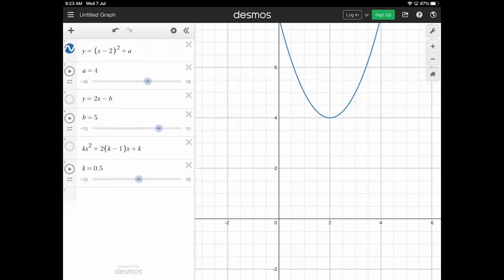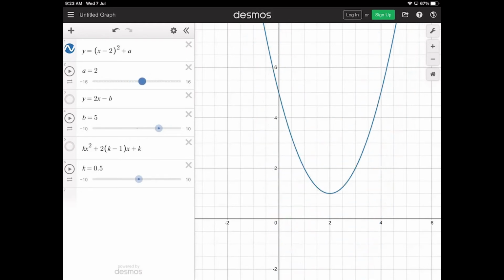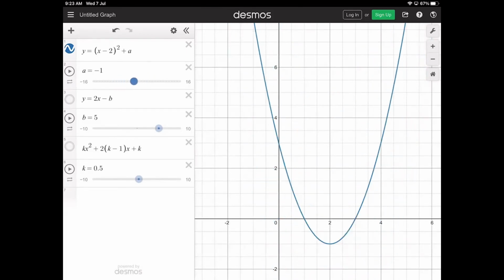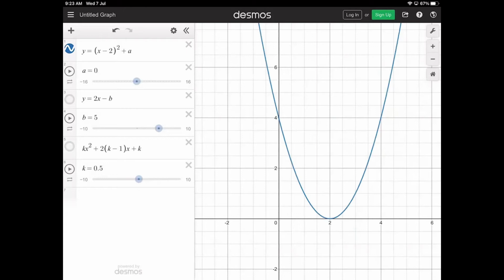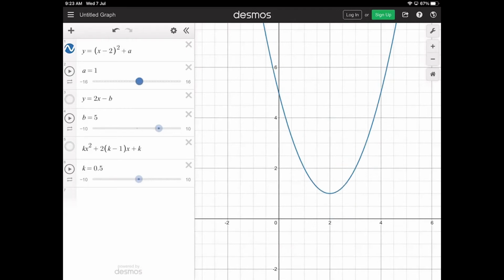Saying for what values of this letter, and they like to use k, would this happen? In essence, all you are doing is finding a set of values for where the graph might either intersect at only one point, or not at all. Okay.